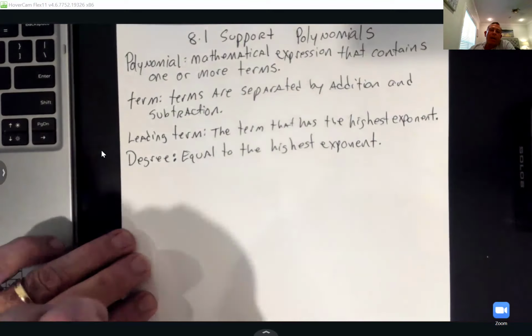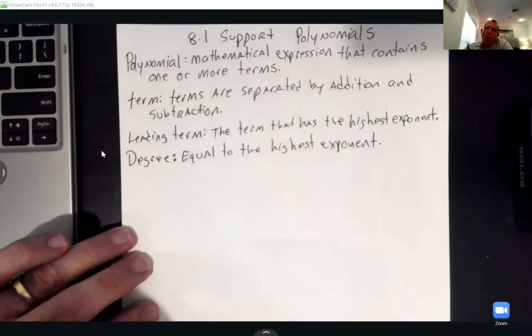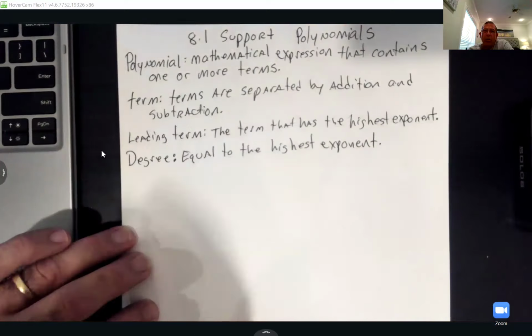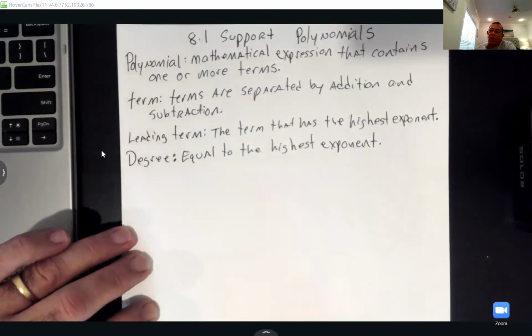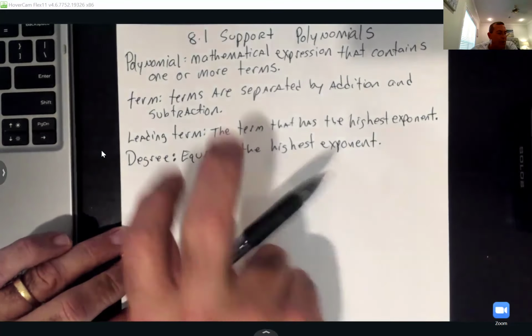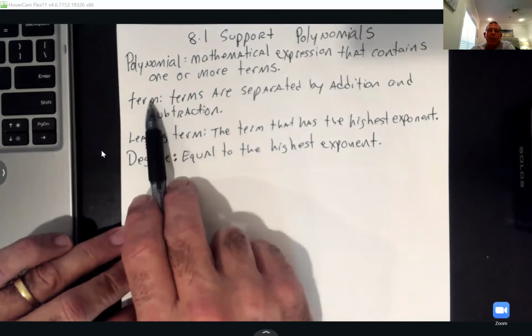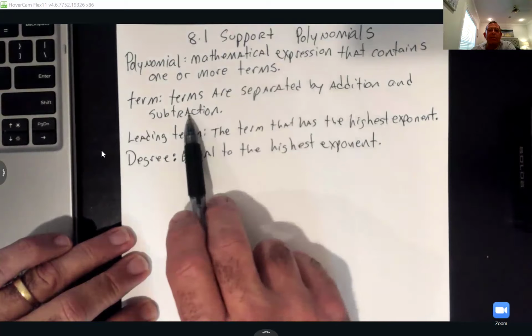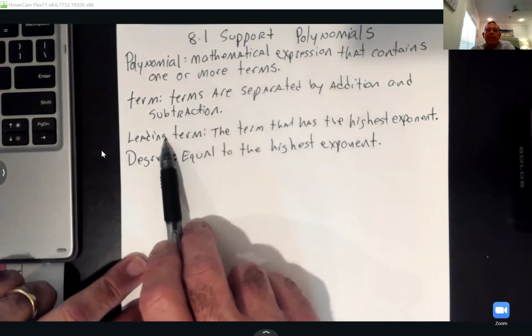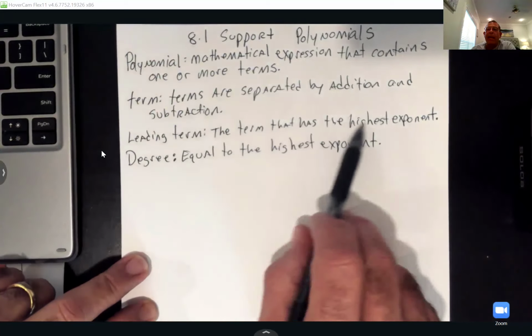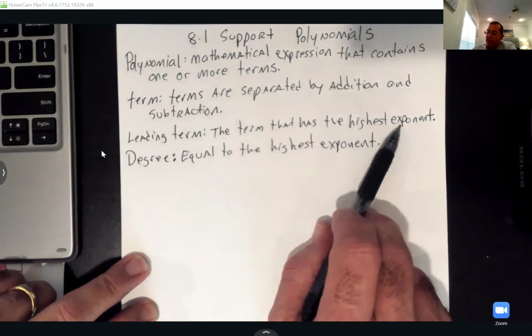Okay. And we'll look at the degree more when we get into the 8.1 and 8.2 college algebra, what it sort of determines for us. But right now, we just want to learn some of these words. So the terms are going to be separated by adding and subtracting. Our leading term will be the term that has the highest exponent.